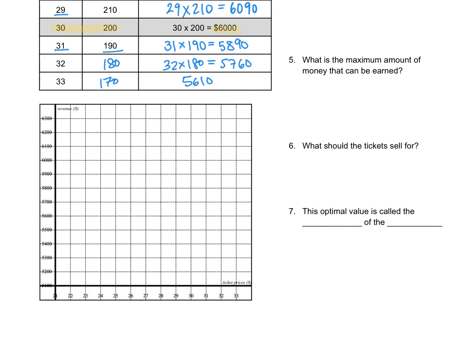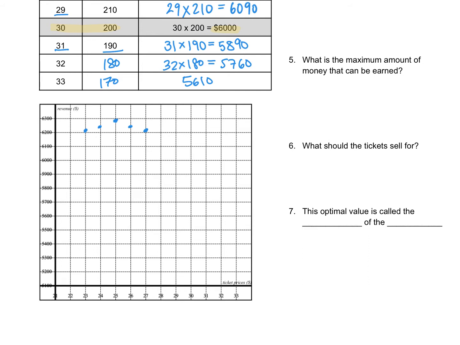So roughly here. At 24, it was 6,240, so a little higher. Then 250, and then it drops back down to 240. Then at $27, we're at 6,210.